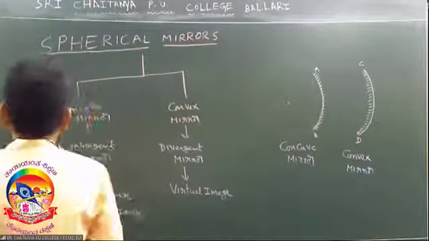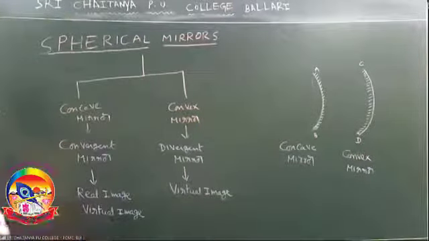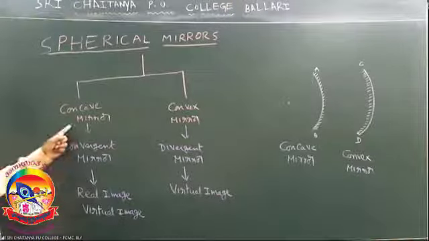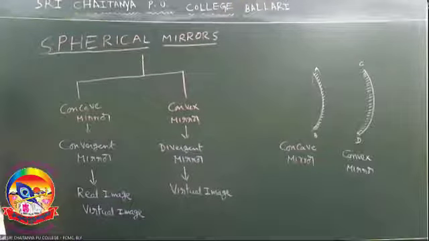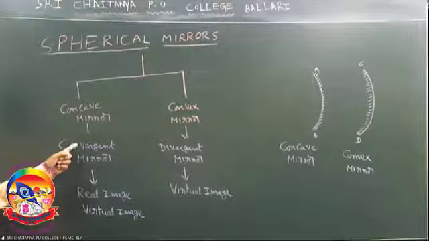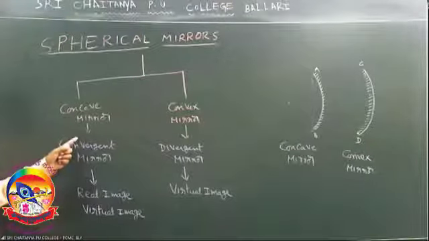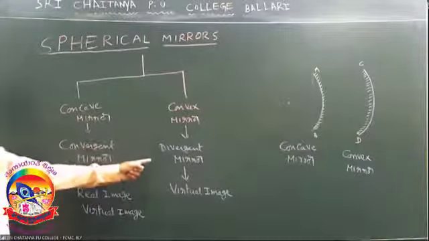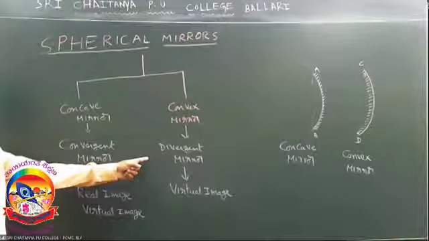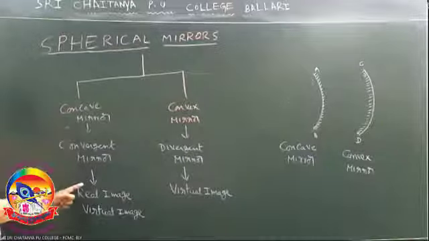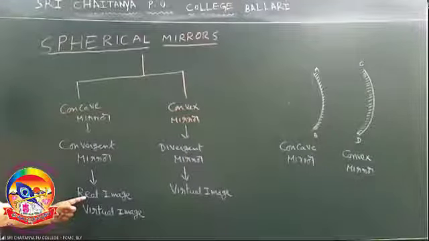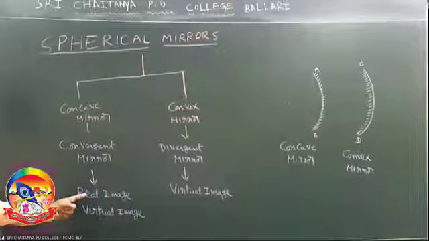How many types of spherical mirrors are there? What are they? How to identify the concave mirror and how to identify the convex mirror. The concave mirror is also called the convergent mirror. The convex mirror is also called the divergent mirror. The concave mirror forms either a real image or a virtual image, depending upon the position of the object in front of the mirror.